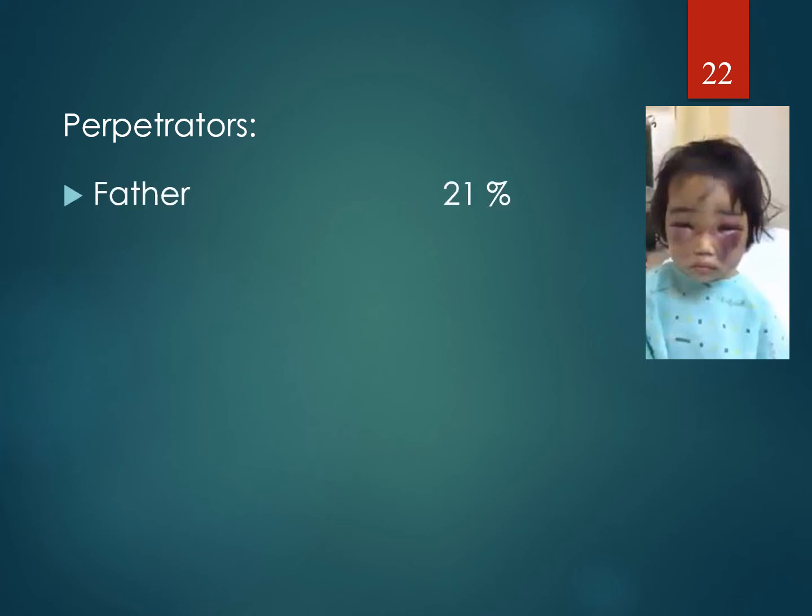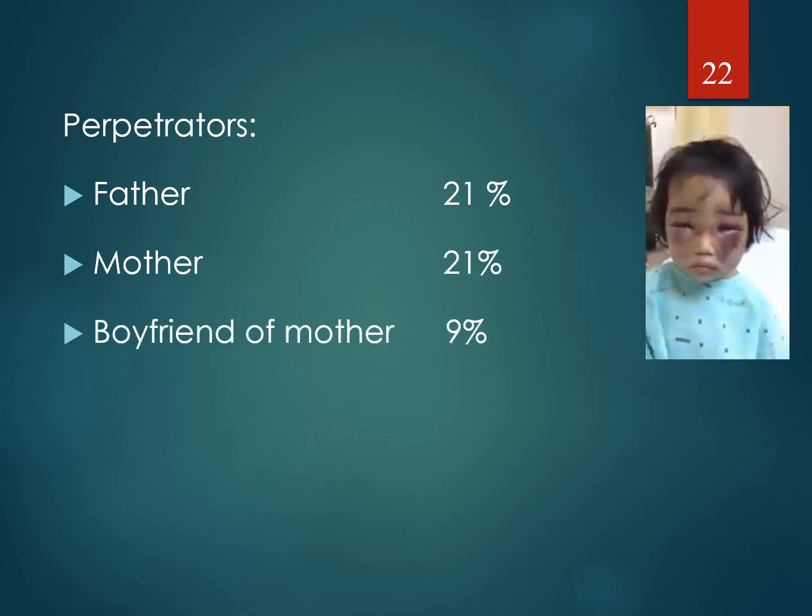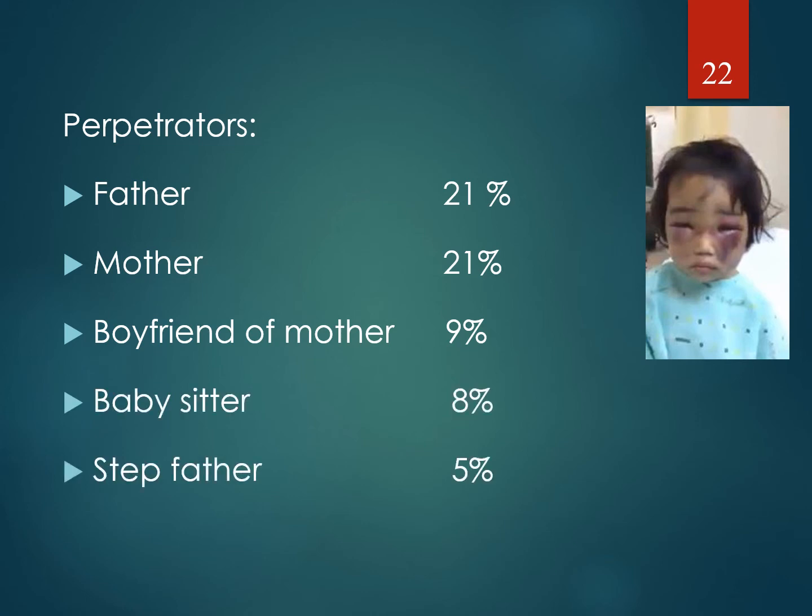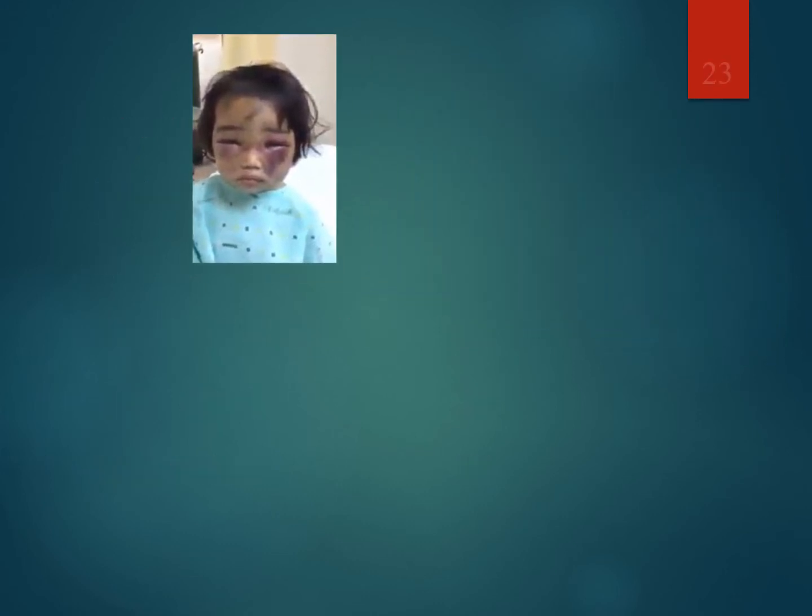The father is number one at 21%, but is equaled by the mother, still at 21%. So both parents abuse their children at 21%, the boyfriend of the mother at 9%, the babysitter at 8%, and the stepfather at 5% of abuses.